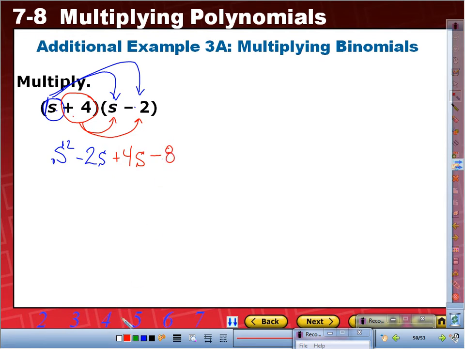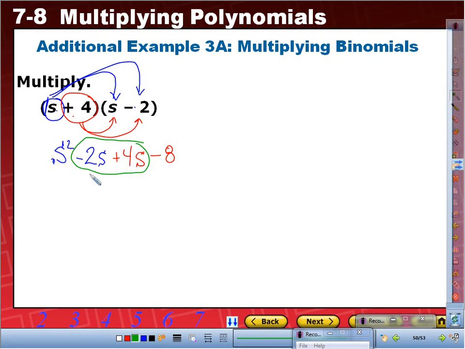Negative 8. So therefore, now I scan it. Do I have any like terms? Let's see. This one has an s. Is this the same variable? Do they have the same exact exponents? Yes, so therefore I can combine these two. Notice that they have the same variable, same exponent.